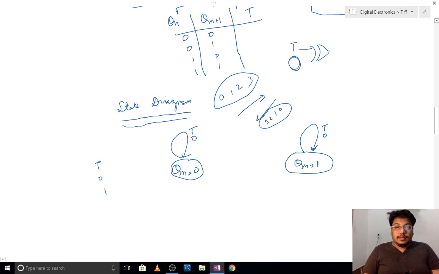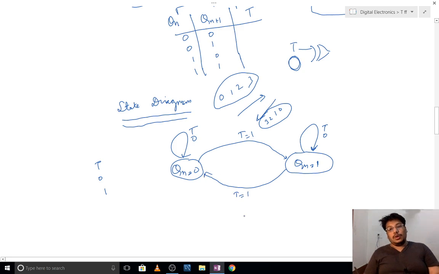And if T is 1, then it will be toggled, and same goes here. If T is 1, the output will be toggled. If Qn is 1 and T is also 1, then Qn plus 1 will be 0, and if T is 1 and Qn is 0, then output will be 1 because these both are toggled.